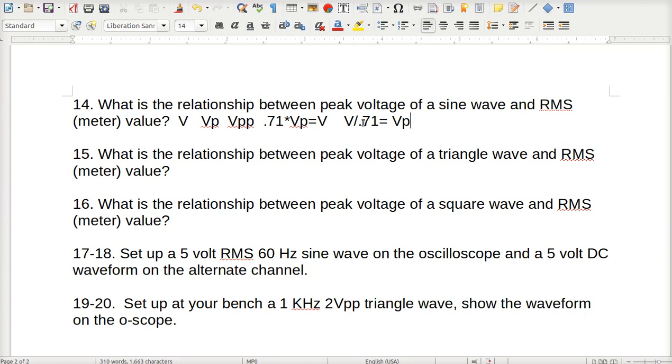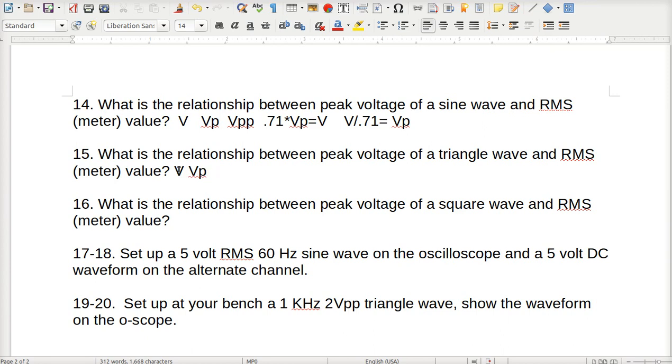Okay. Now imagine what would happen if I had a triangle wave. I still have my V, which is my RMS for a triangle wave. I still have my VP, which is the peak value it gets to.